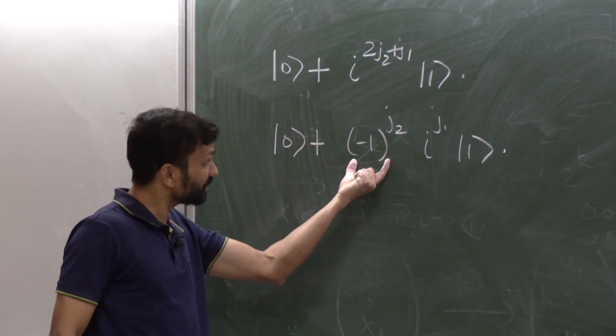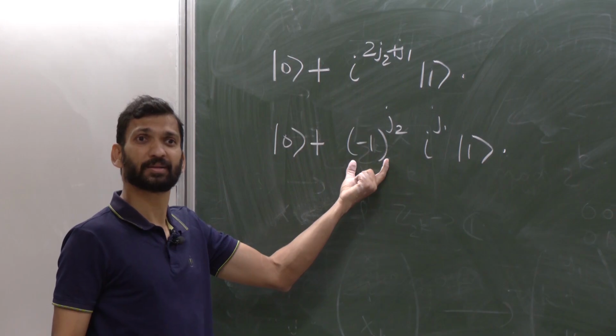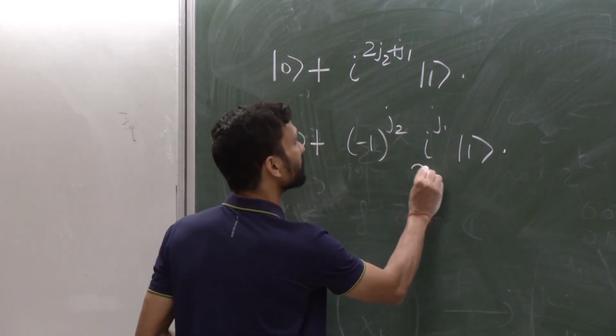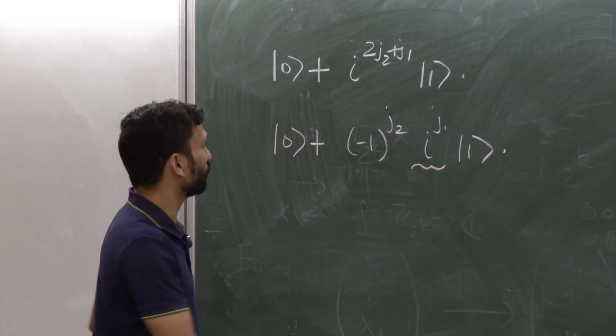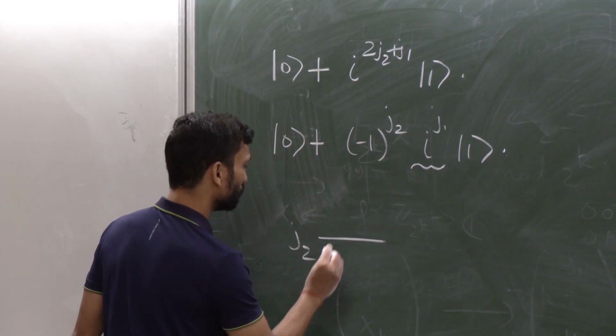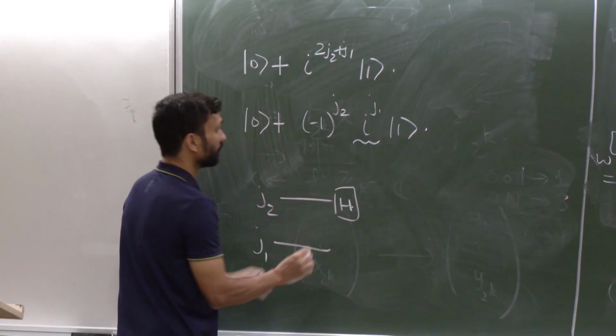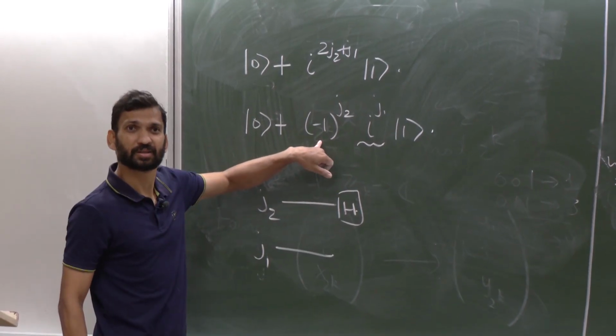I can get this part of the phase by applying Hadamard on J2. How can I apply this phase? This is saying, so on J2, J1, this will create this phase.